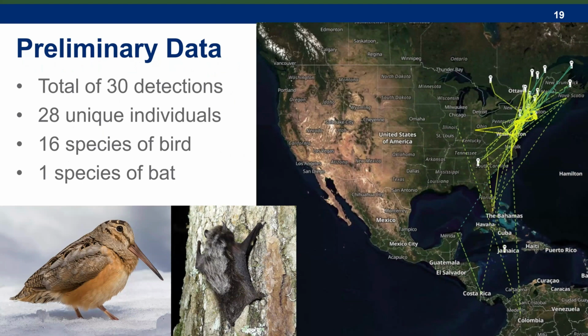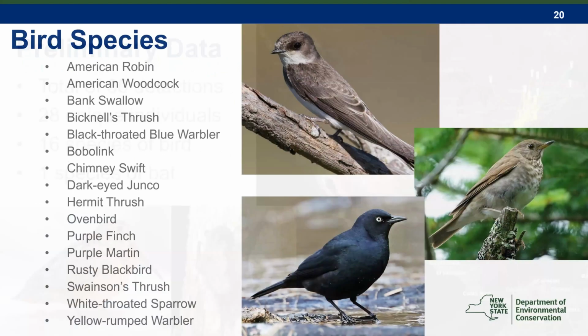It is very new. We've had a total of 30 detections to date at our stations in the Hudson Valley, 28 unique individuals, 16 different species of bird, and 1 species of bat. These are the 16 bird species that we've detected.